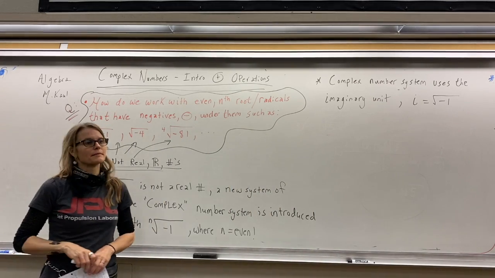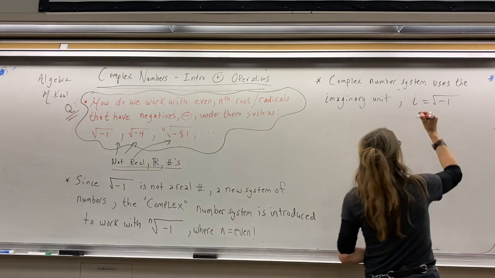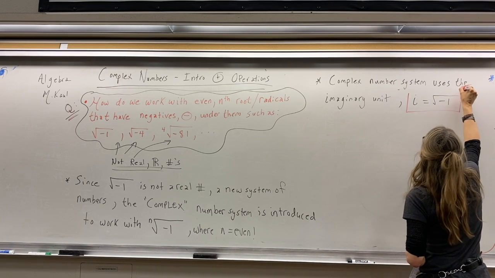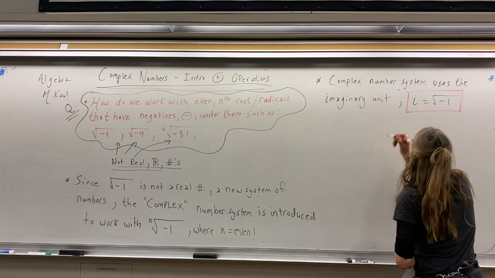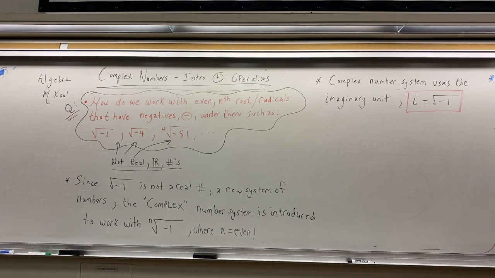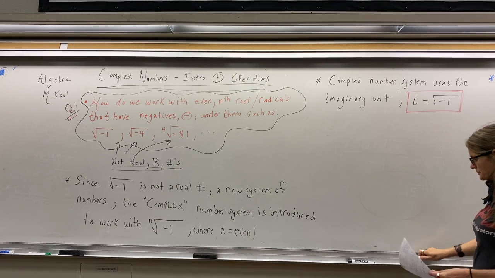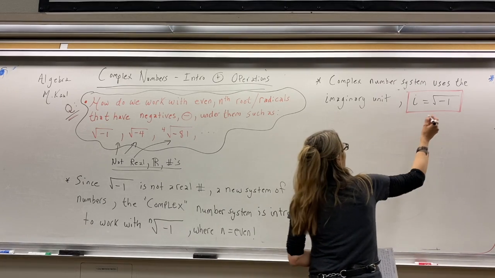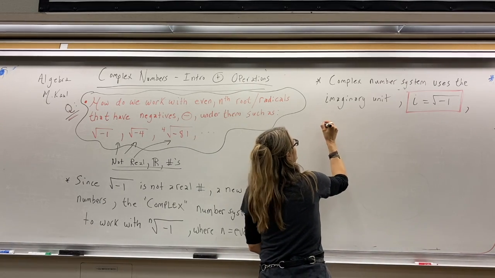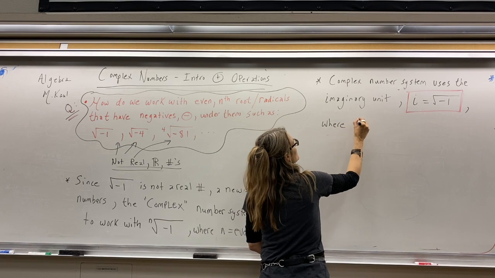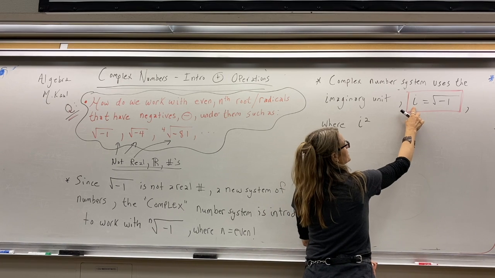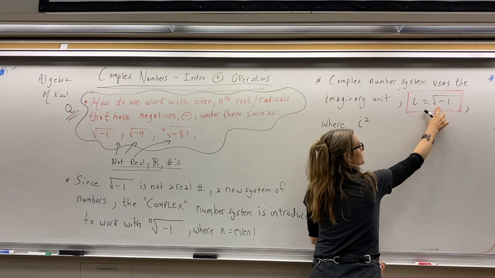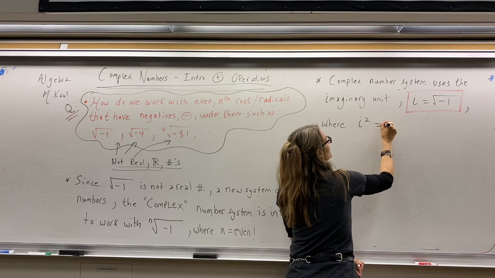We're going to define this imaginary unit, which is an imaginary number, which is part of the complex number system. We're going to use this definition, and we're going to say further that if we square this, if we say i squared, if we say i times i, which is the square root of -1 times the square root of -1, we get the value -1.